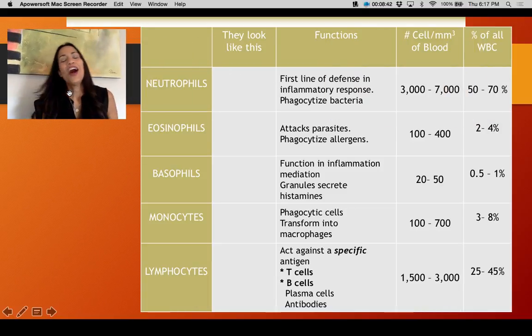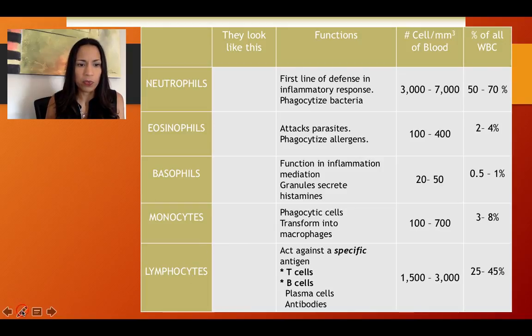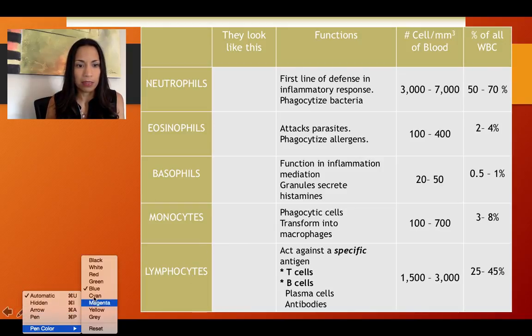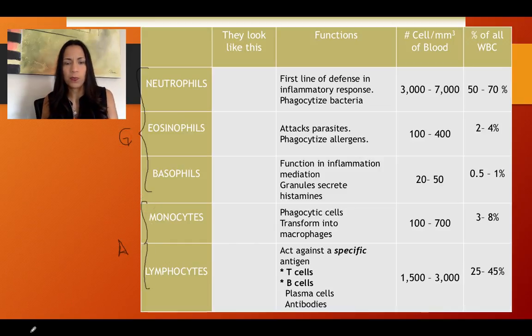Okay, so I made this chart, so I think it's easier to study these cells like this. We are going to see how each of these cells looks, and I have grouped them as I told you. In here we have the phils, so these are the granulocytes, and these ones are the agranulocytes.